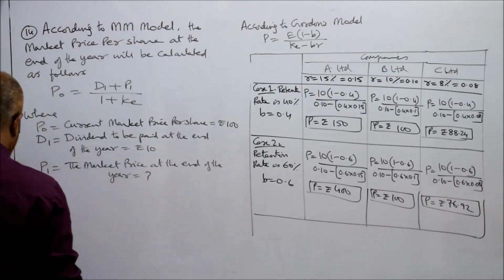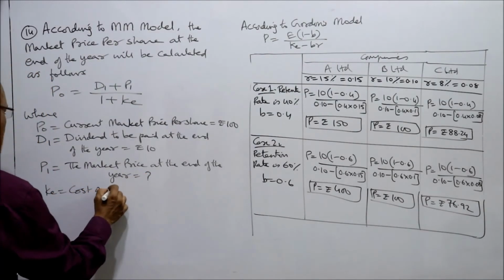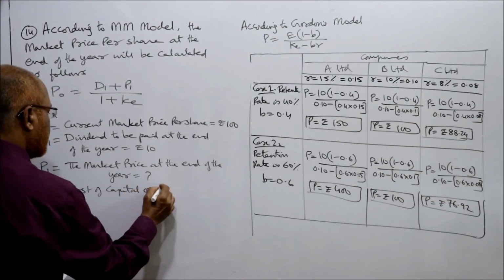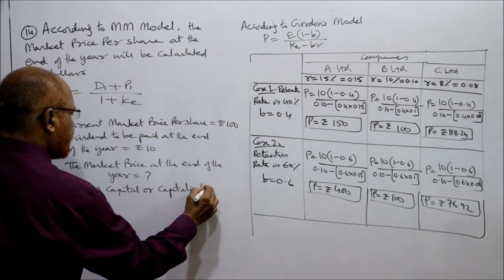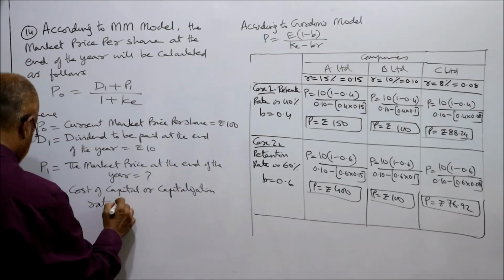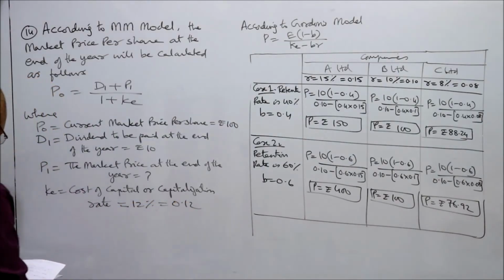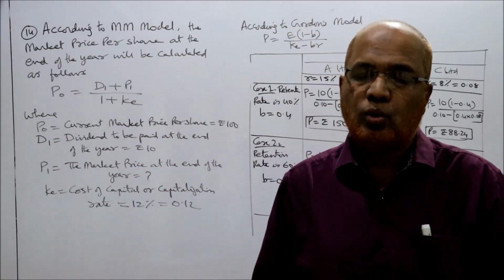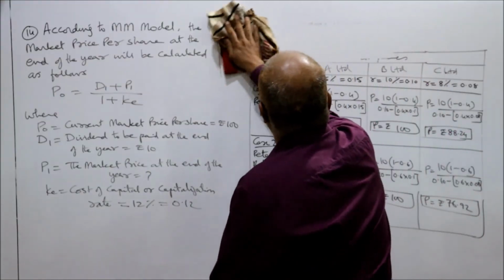This we have to find out. And KE is equal to cost of capital or capitalization rate. That is given in the problem as 12%. This is the formula to calculate the value of the share at the end of the year according to the MM model.